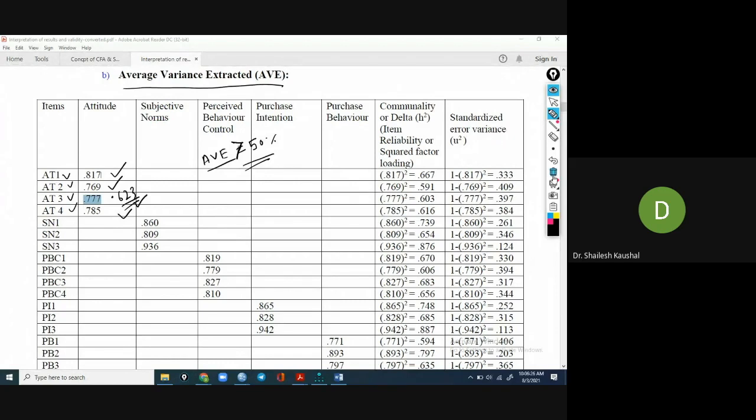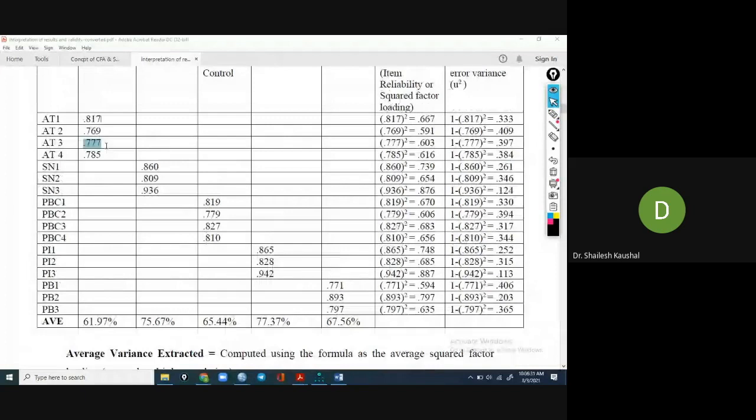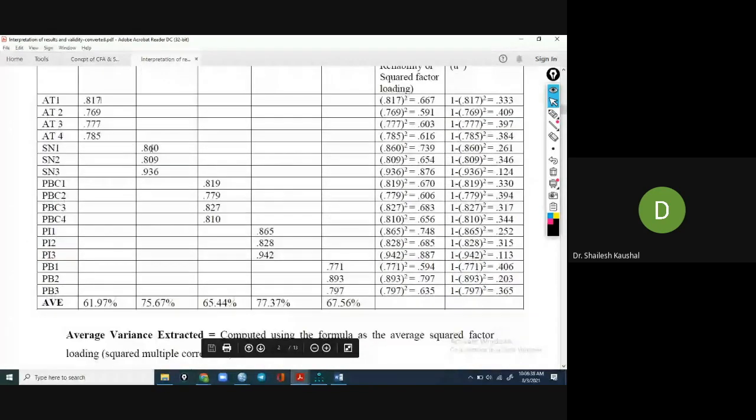So how do we find it? We square each loading, add them, and then divide by the number of items. In all five constructs, we can see the average variance extracted is greater than 50%. The first construct is 61.97, second construct 75.67, third construct 65.44, fourth 70.37, and fifth construct 67.5.